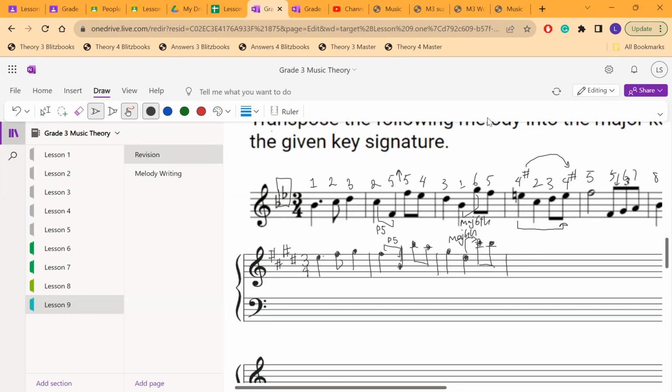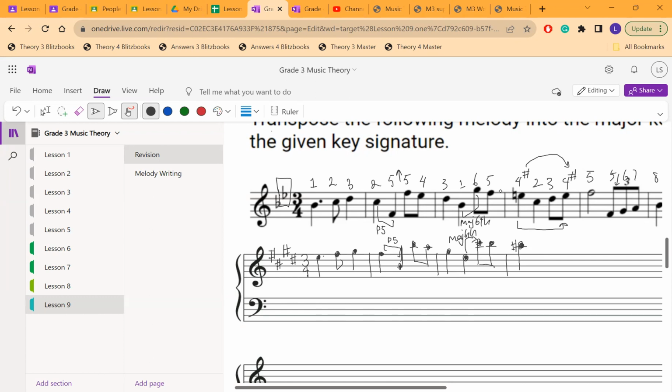Now, careful with accidentals. 4 sharp. That's an A, since you still need to raise it. Sharp.